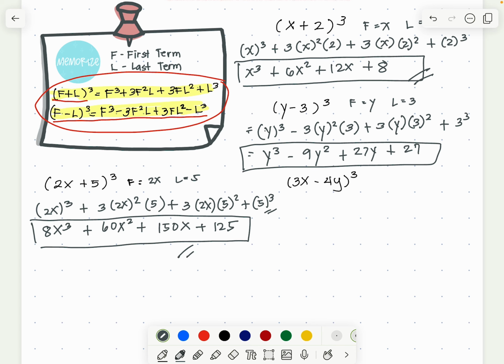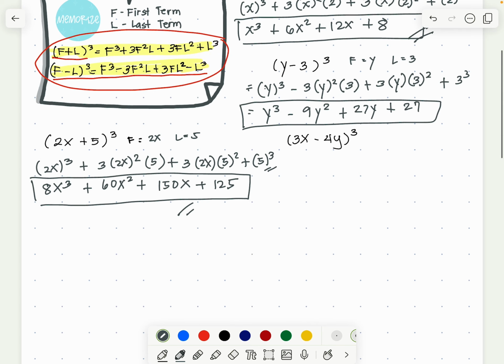For the last one, you have 3x minus 4y cubed. So in here, your first term is 3x and your last term is 4y. Again, I wouldn't include the negative because the negative is already in our pattern. So that would be 3x cubed plus 3 times 3x squared.